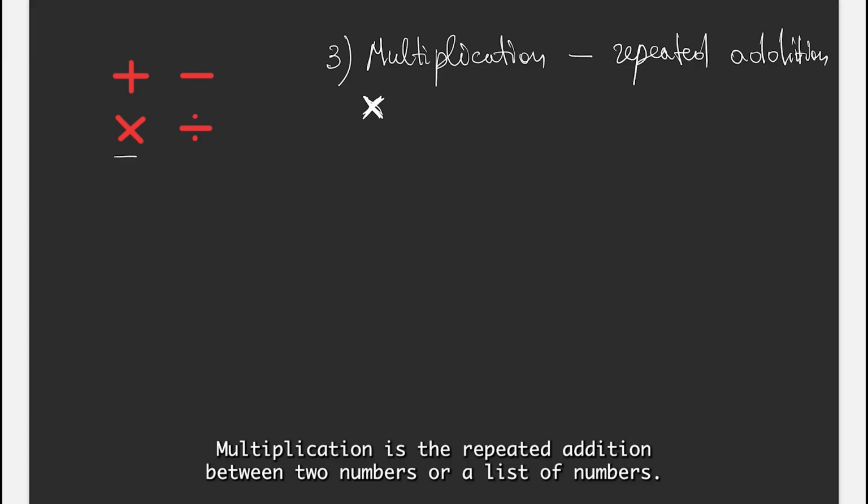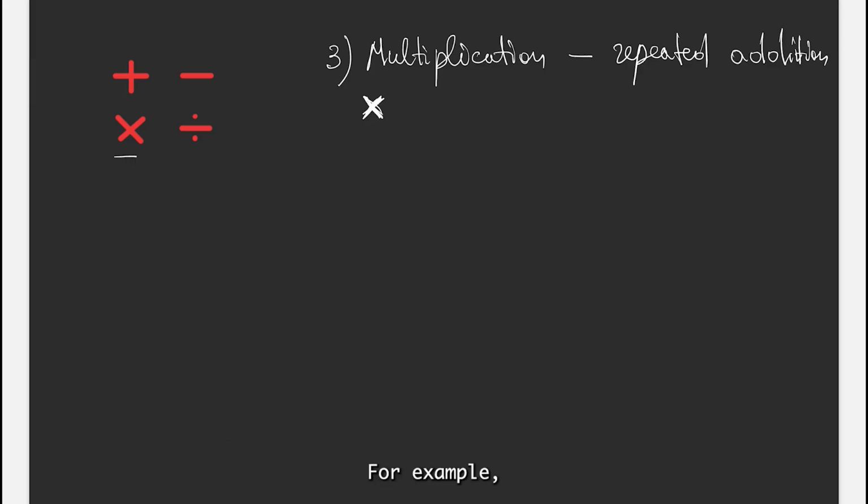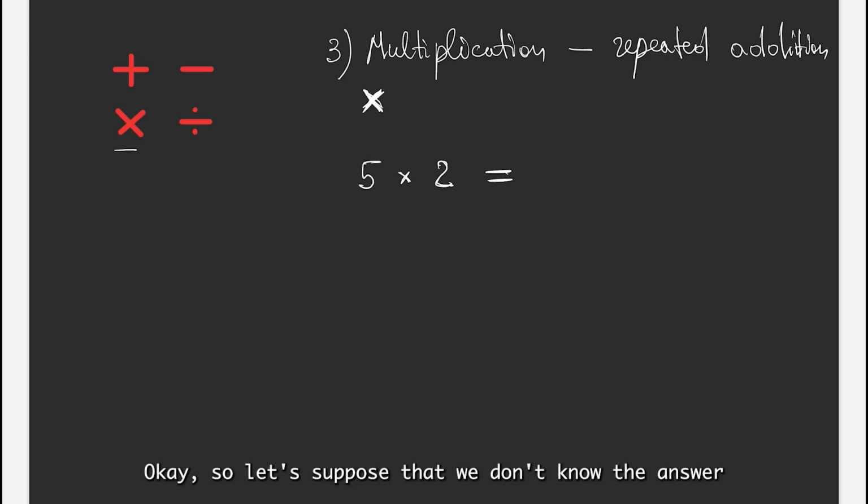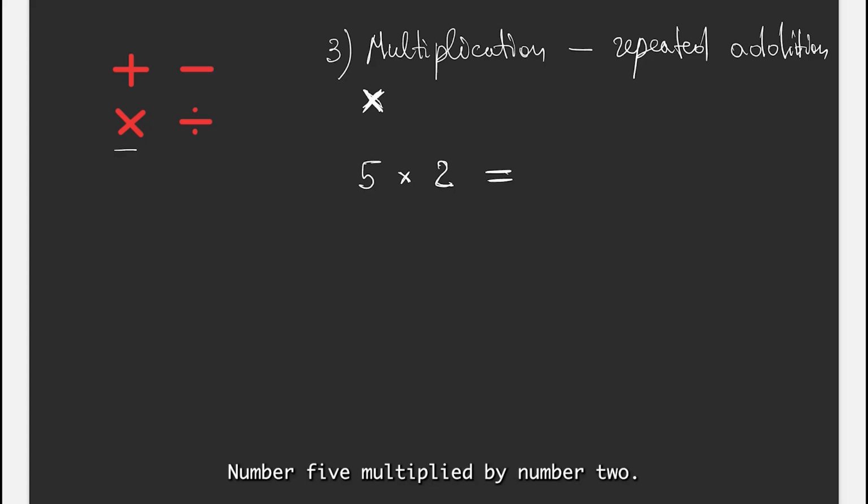Multiplication is a repeated addition between two numbers or a list of numbers. For example, the number 5 multiplied by the number 2. Let's suppose that we don't know the answer. So what does it mean, number 5 multiplied by number 2?